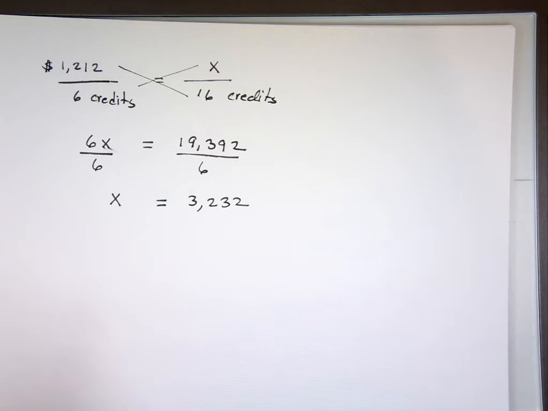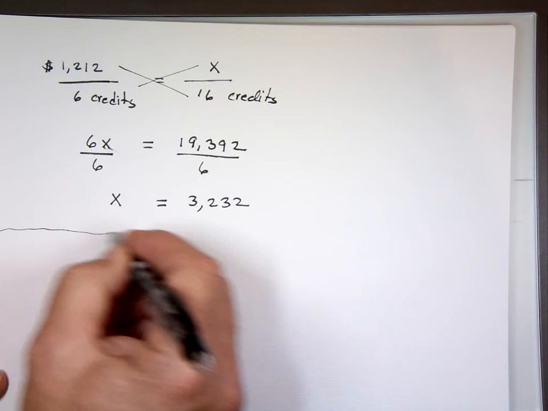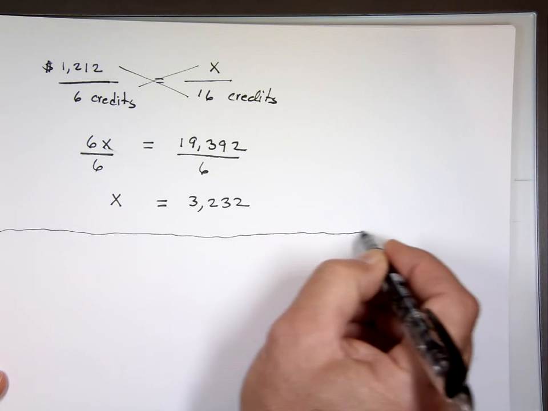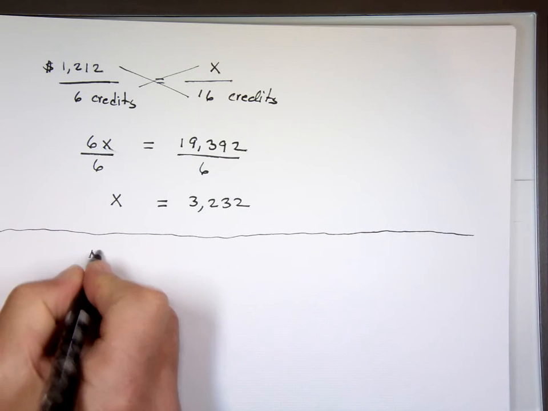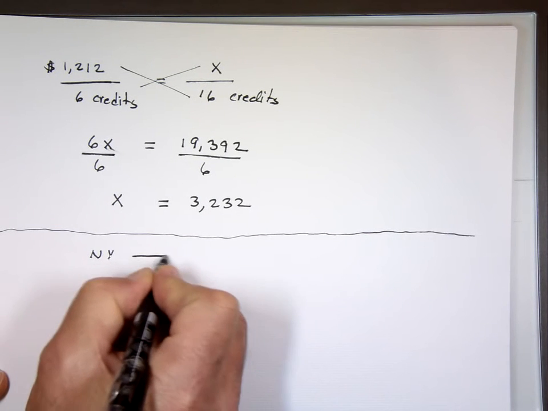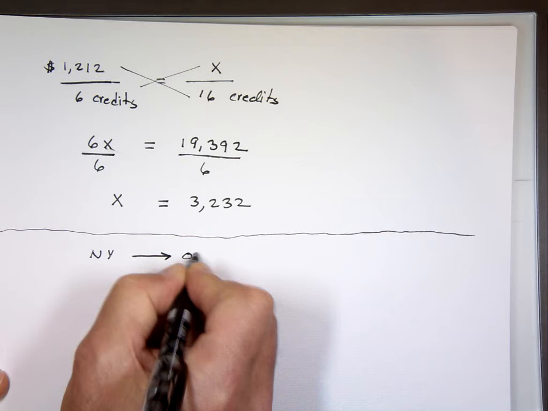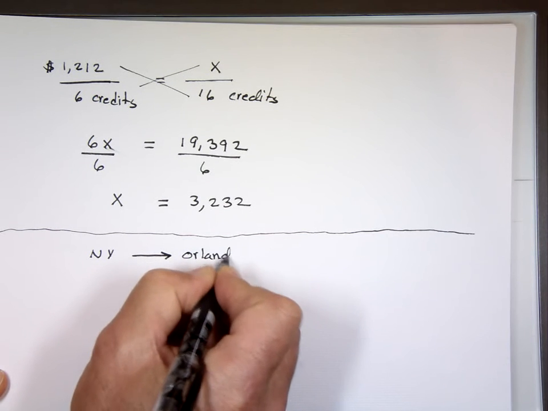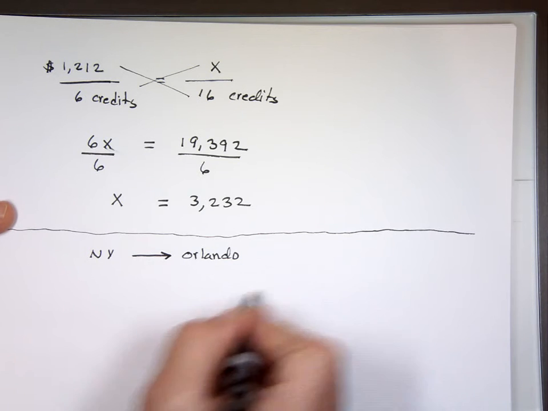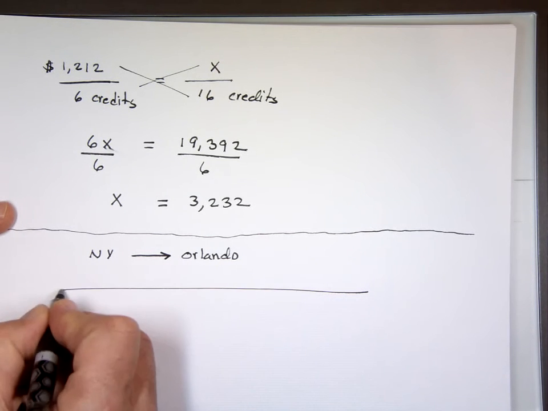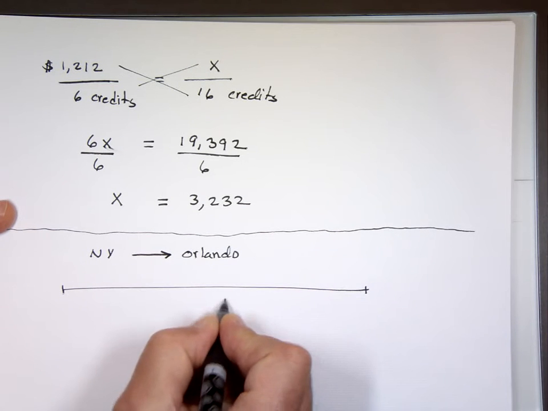Another place where you can use this. You decide to take a trip from New York City all the way to Orlando, Florida. You're going to drive. The distance from New York City to Orlando, Florida, is roughly 1,100 miles.